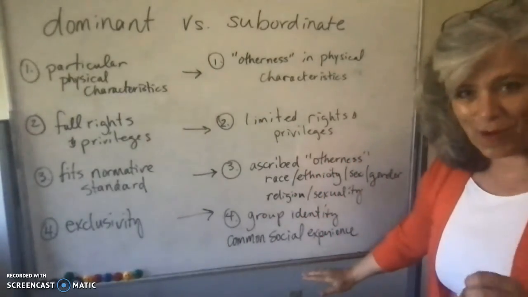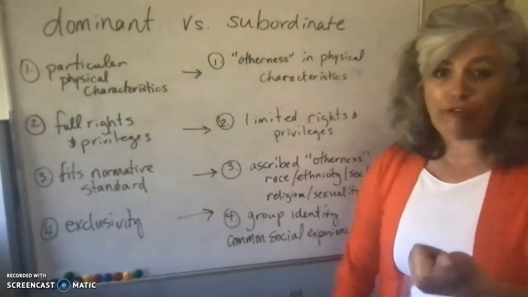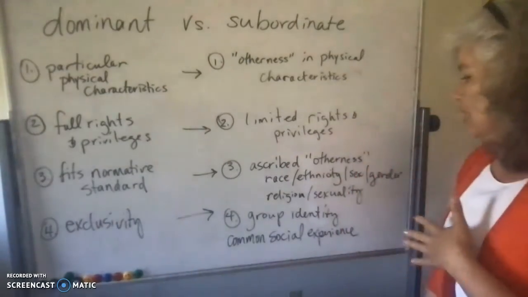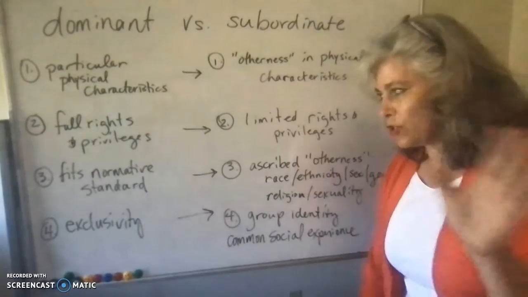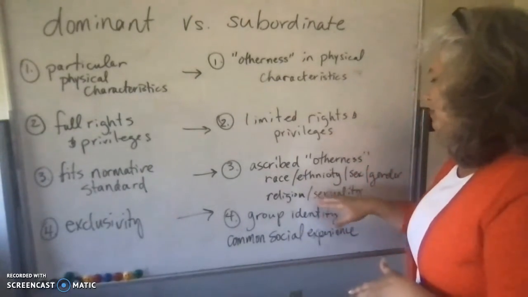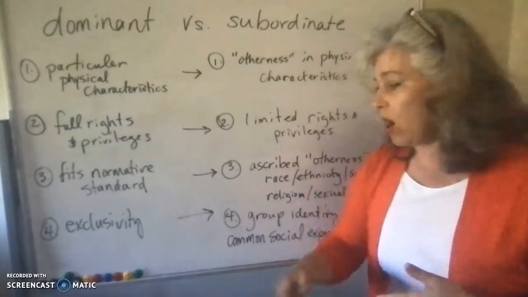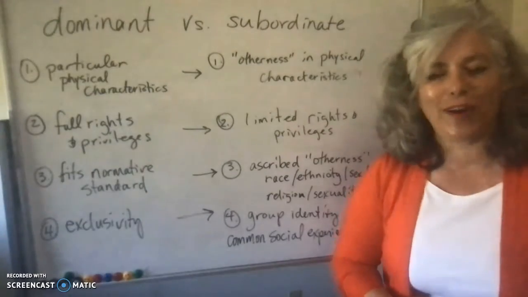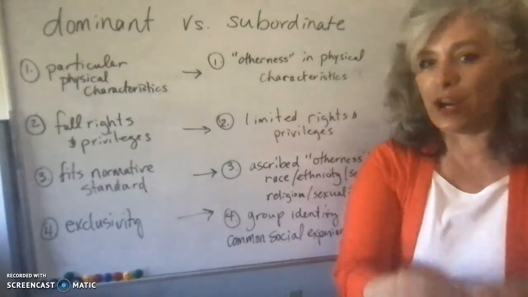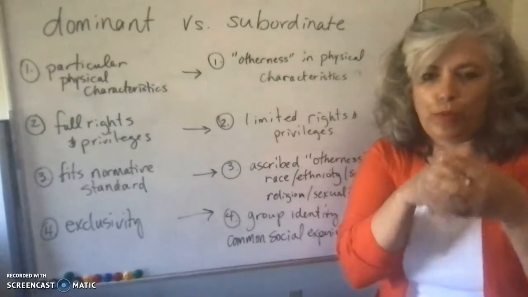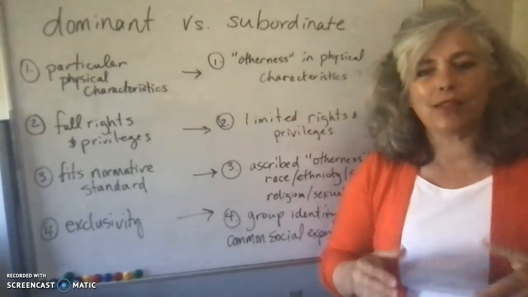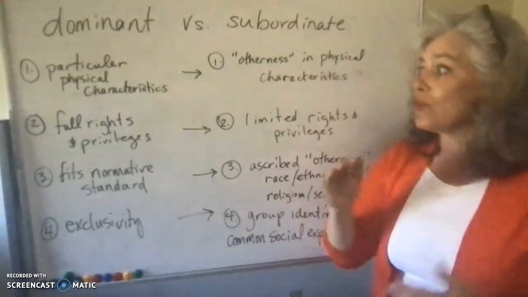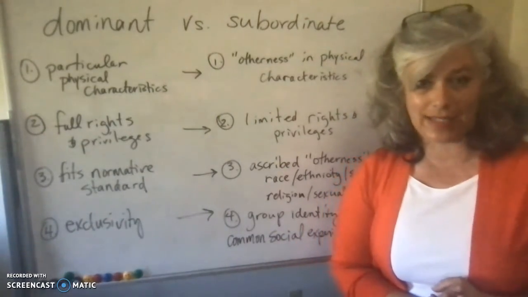And when you see someone else who shares those physical features, ethnic features, sexuality, your religious group, etc., all of these different things that are ascribed to you, you can have a common social experience or an understanding and feeling of solidarity, which is a feeling of oneness or group unity, just because of the assumed common social experience and background that you have in relationship to the dominant power structures in society.